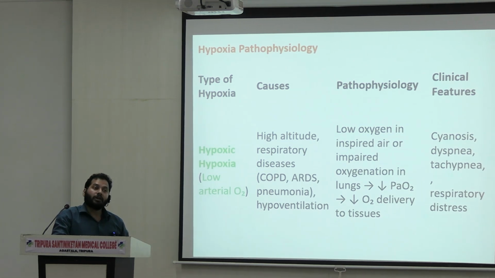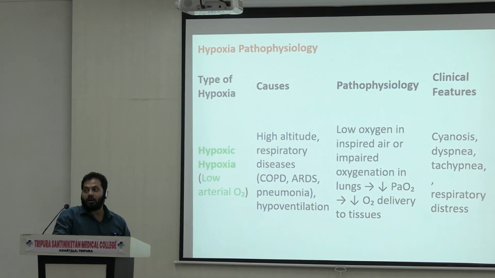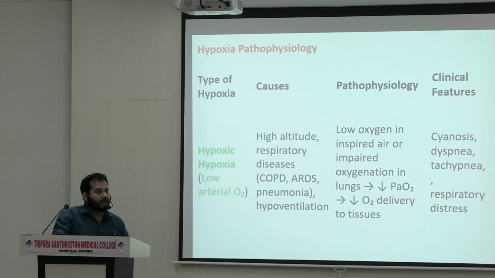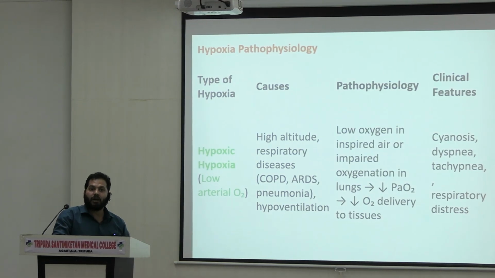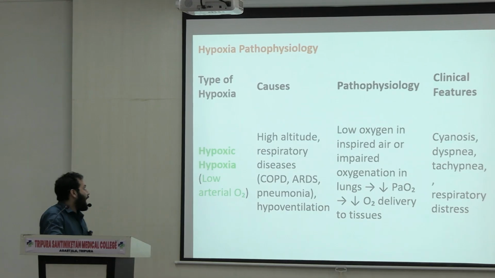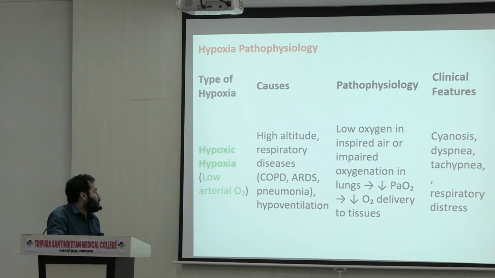So if the atmospheric oxygen concentration at high altitude is less, obviously during inhalation we will be able to inhale a lesser amount of oxygen, right? So high altitude is one common cause of hypoxic hypoxia.